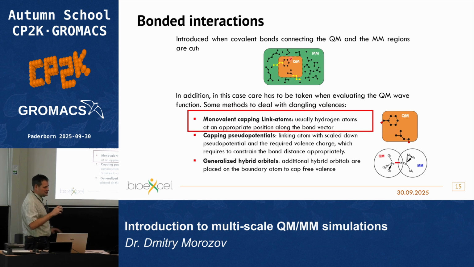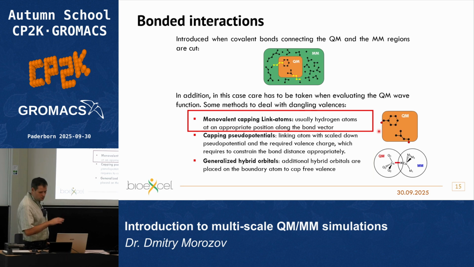What it does is just keep your electron density in the direction of the bond correct. The red point here is this link atom. It usually resides somewhere in the middle of the bond, and forces from that atom are redistributed to the QM and the MM atom on the bond.